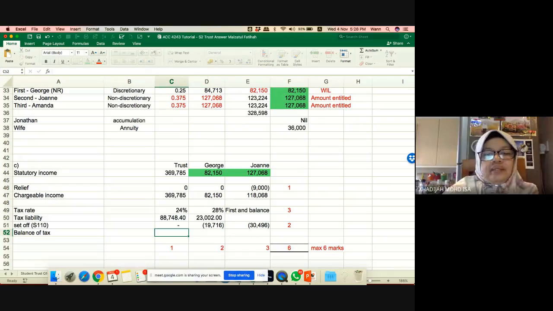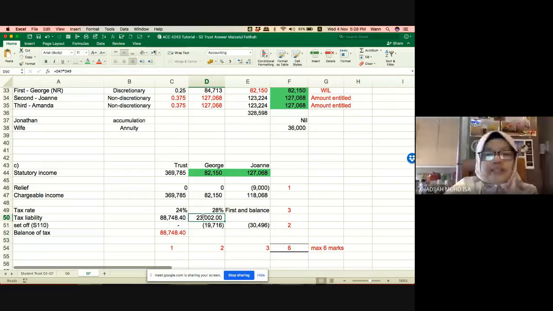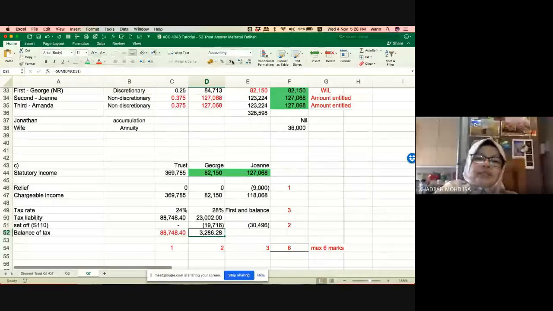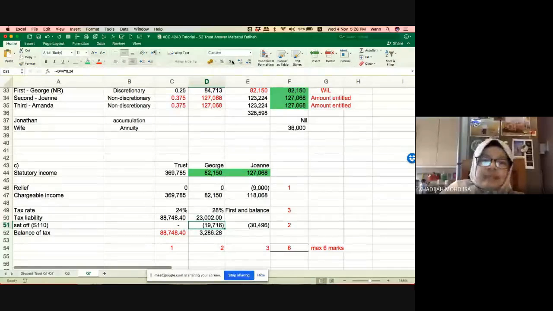But here it would be the same because the trust has no credit. But Josh initially had 23, but he has a tax credit of 90. So you just take the sum of that. Instead of paying 23,000, which is the tax liability, but because there is a tax credit, tax paid by the trust, that's why you only have to pay the balance 3,286.